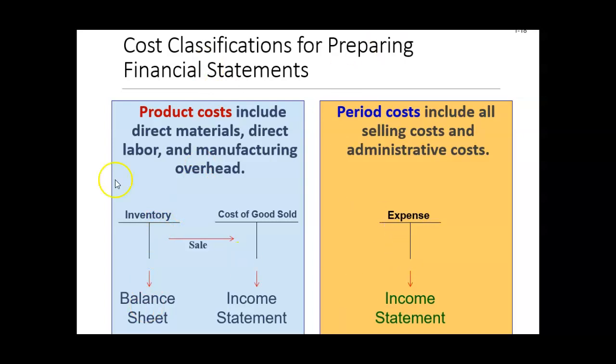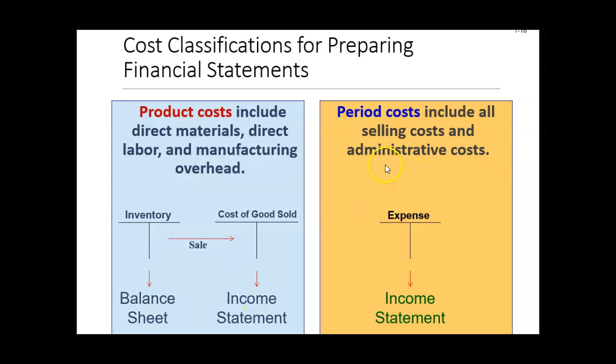Once we actually sell the inventory item, it goes over to an account known as cost of goods sold, which is an expense account. So the sale price of the item, along with the cost of goods sold, goes on a different statement, which is known as an income statement. And once again, we'll learn more about these two different statements.